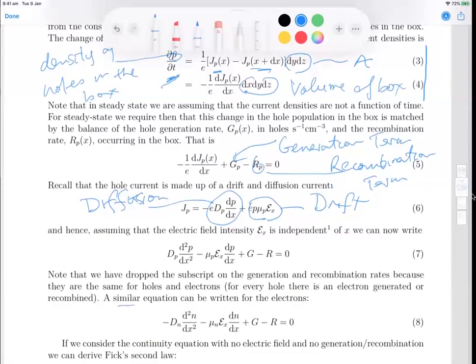And we can write a similar equation for the electrons, but notice the sign change when we talk about the diffusion. Both the generation terms and the recombination terms are the same sign and the same rates, because for the electron there is a hole generated or recombined.